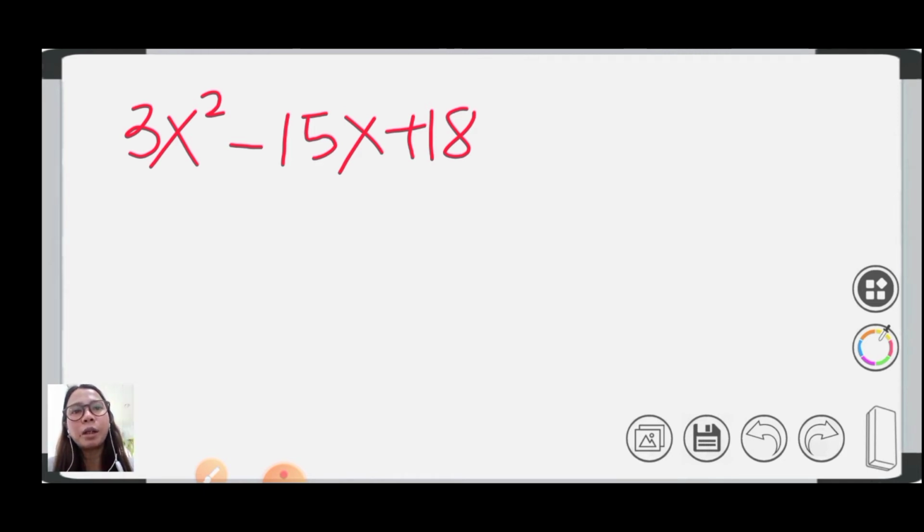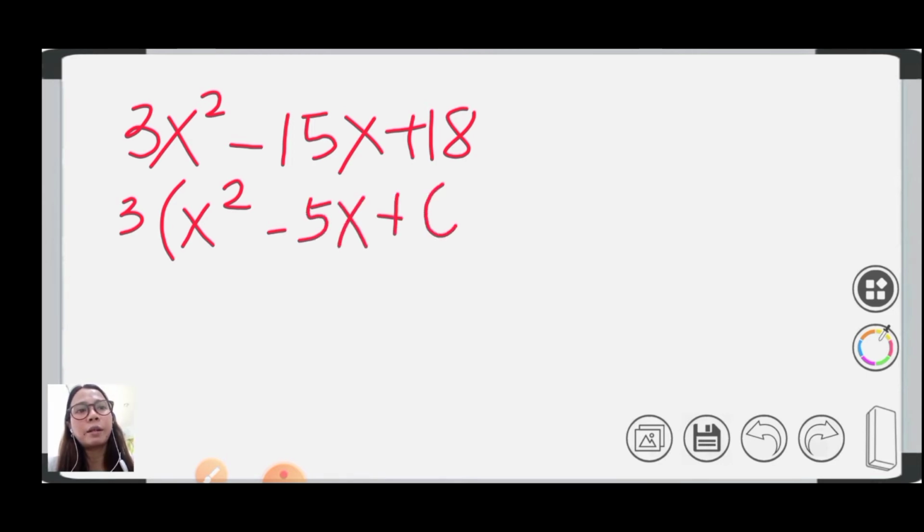So we have 3, the quantity of x squared minus 5x plus 6. As you can see, the numerical coefficient of our x squared this time is 1. So we will proceed to the product and sum.